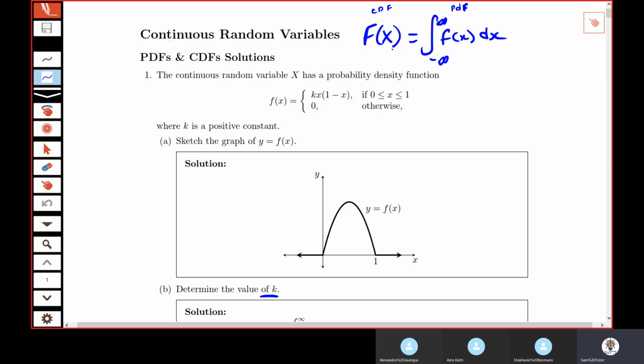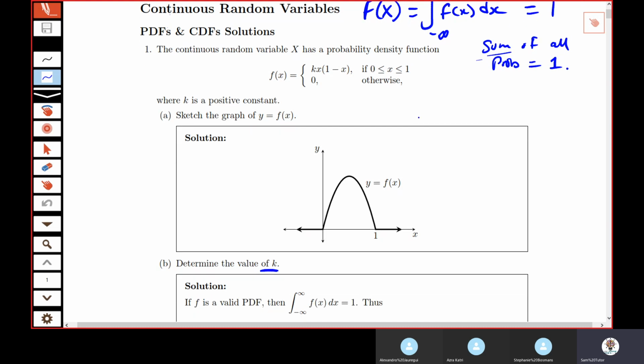Now we know your CDF, which is the integral of this, also equals 1, because the sum of all your probabilities from negative infinity to infinity is equal to 1. So your CDF is F of x, which is equal to the sum of all probabilities. Another way of saying that is the integral from negative infinity to infinity of your PDF is also equal to 1. So that is the link.